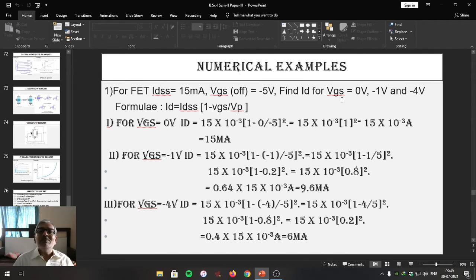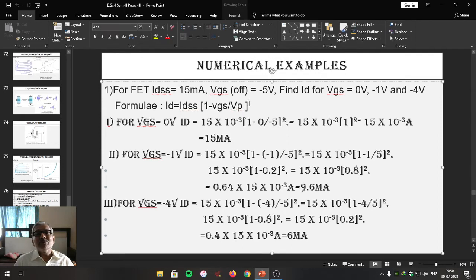Here we are going to calculate the value of ID for different values of VGS for given IDSS equal to 15 milliampere and VGS off equal to minus 5 volt. The formula to be used is ID is equal to IDSS into bracket 1 minus VGS upon VP, bracket raised to 2.